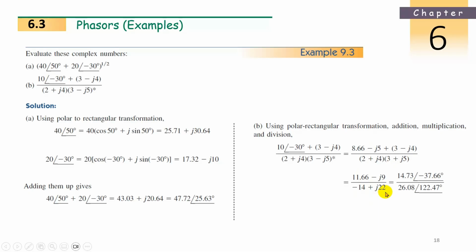Then you will get minus 14 plus j22, so it is 26.08 and angle. Now divide. Division is as it is, and the angle is subtracted, so it is 160.13 with a minus angle. Like this we have to finish this one.